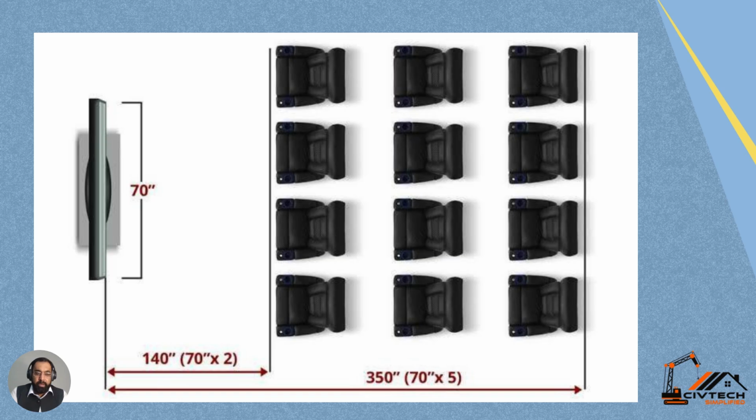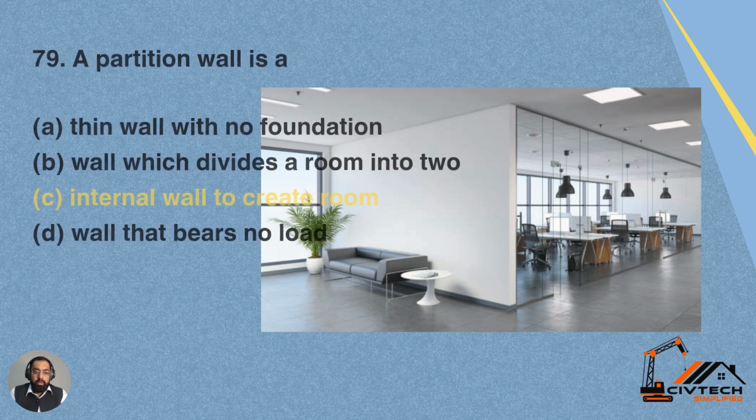Clearance should be given as double the width of the screen. While for the last seat, you can see it's 5 times the width of the screen. So these two thumb rules should be remembered. The width of the screen should be doubled for the first row, while it should be 5 times for the last row.